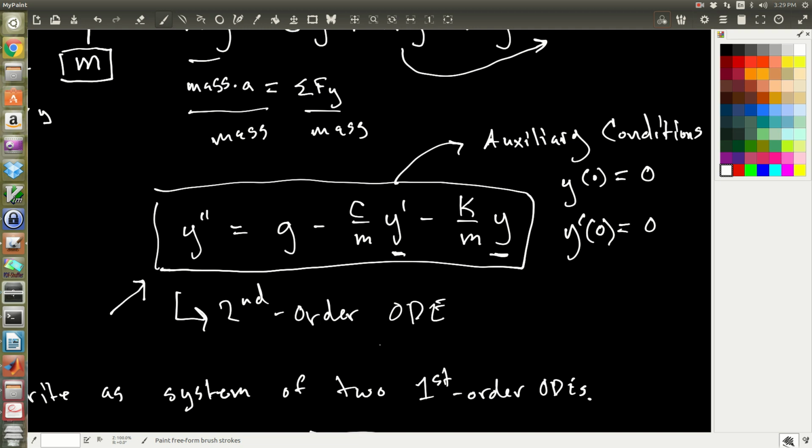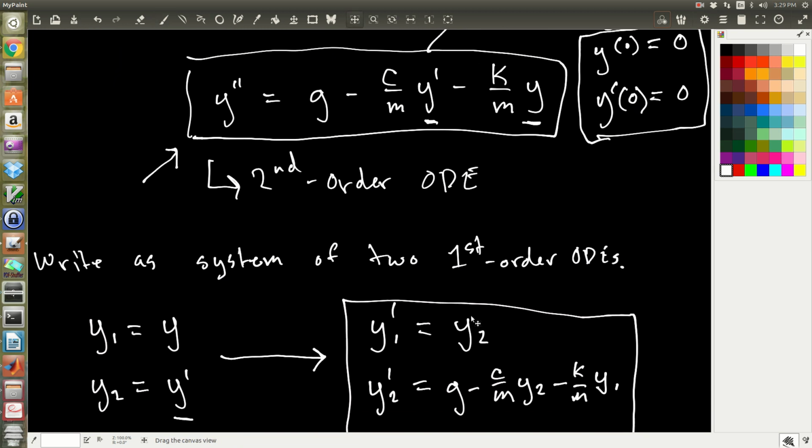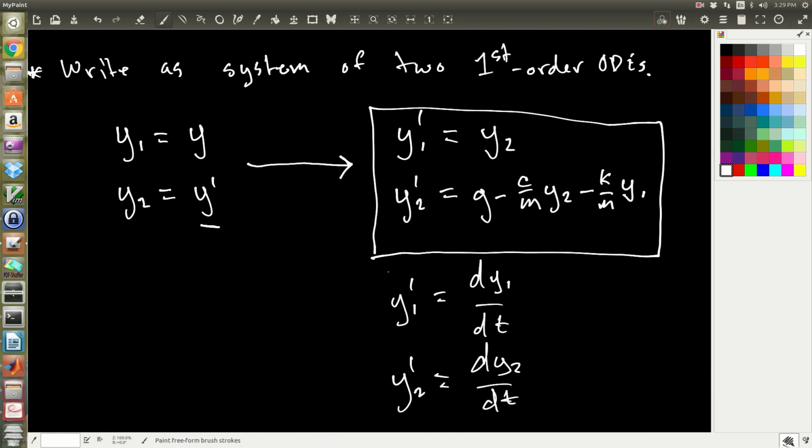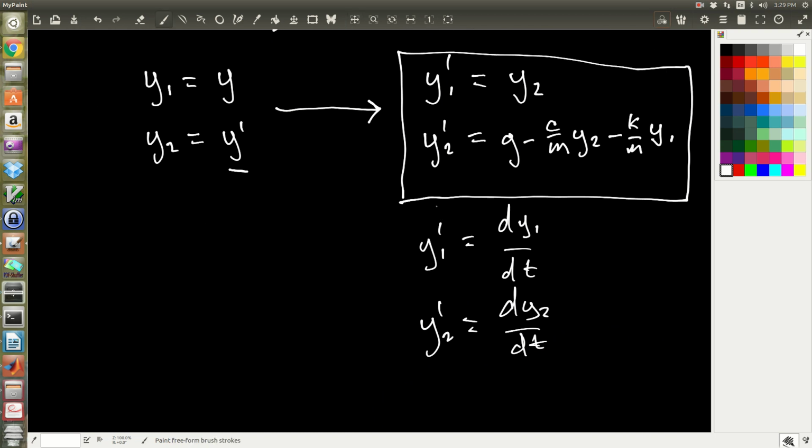So anyways, the question is how do these translate into auxiliary conditions for my new system of first order ODEs? Well, I can just write those down here.